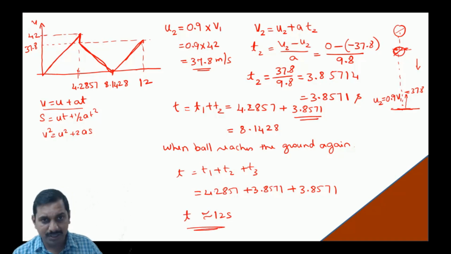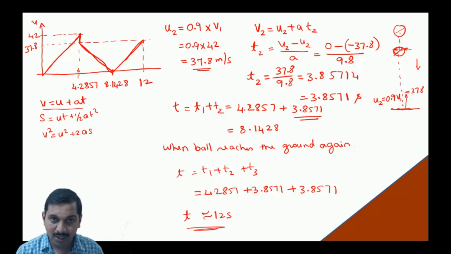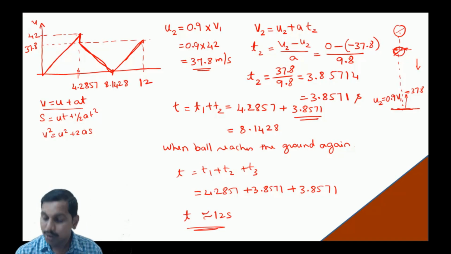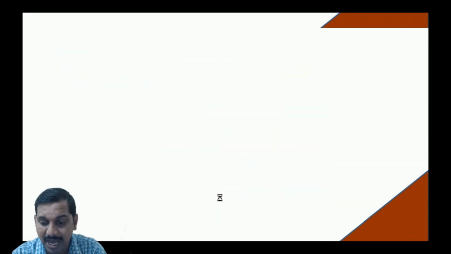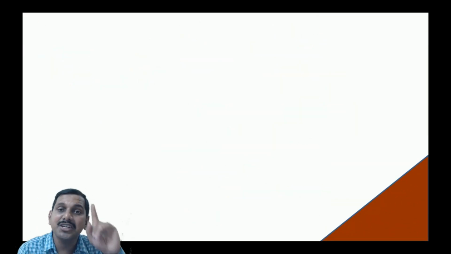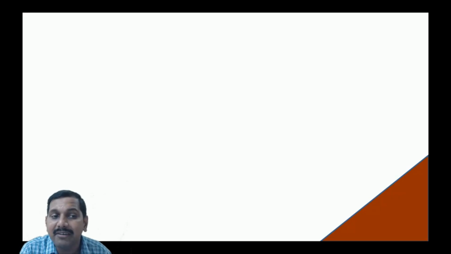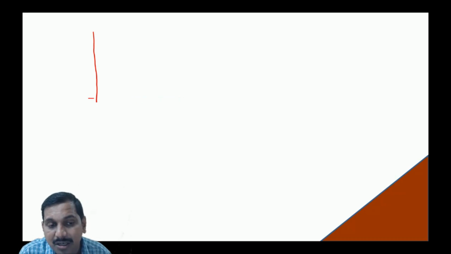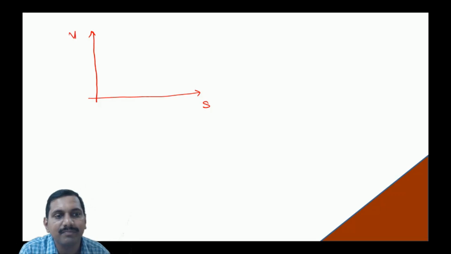Now, further question would be, always when we solve some questions, we should see what other type of questions can be asked here. One of the type of questions which can be asked with respect to this is, for the same problem, can we get velocity versus distance, that is space, or velocity versus displacement curve?